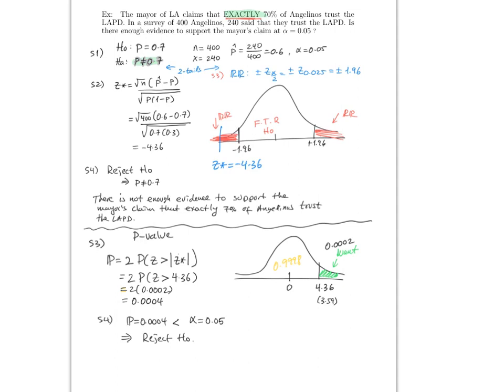So then here, let's say that n is 200, and let's say that x is 90. So therefore p hat will be 90 over 200, which is what? 0.45.